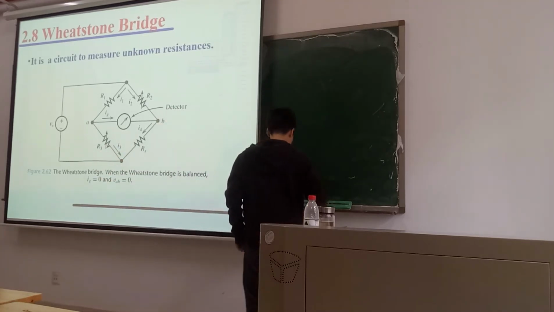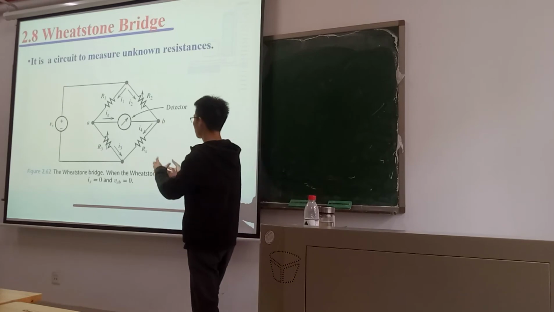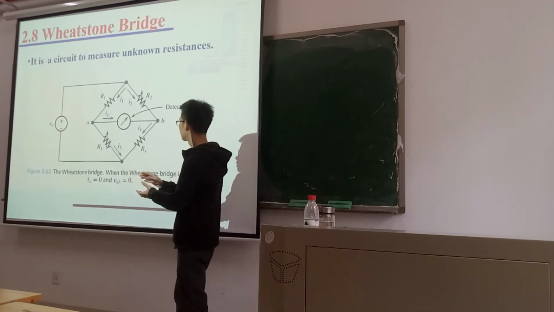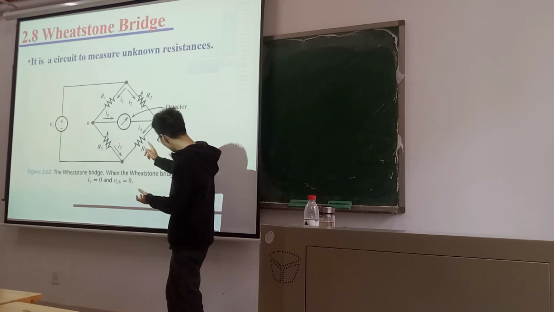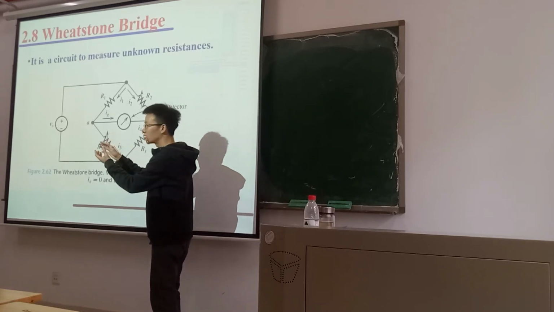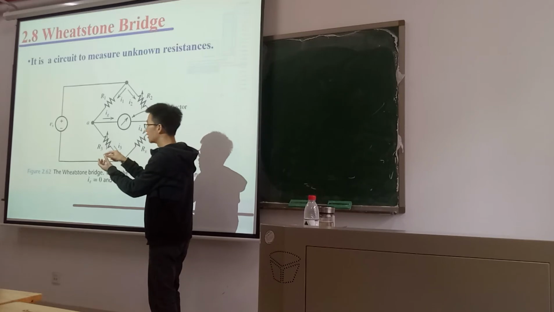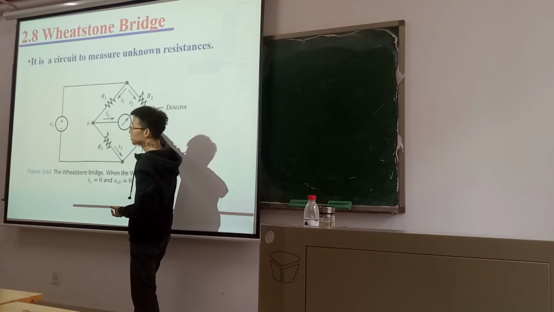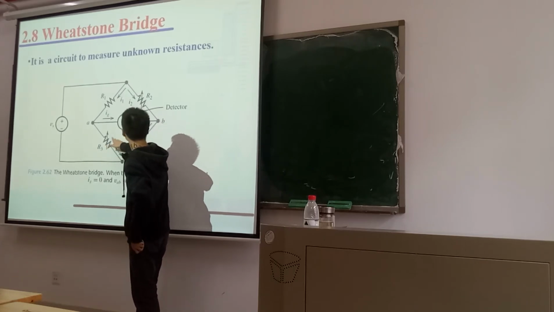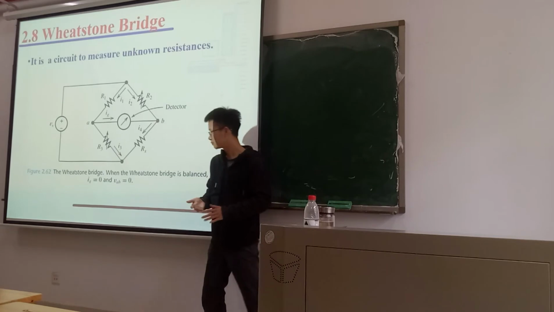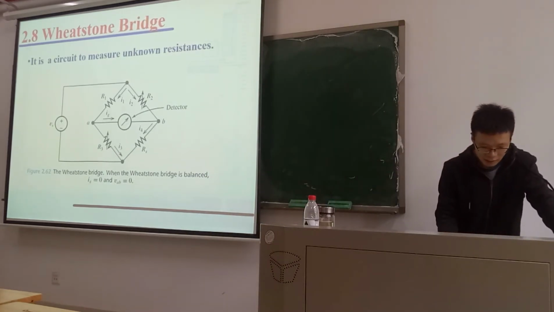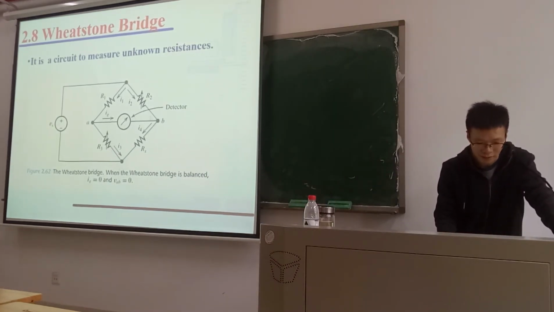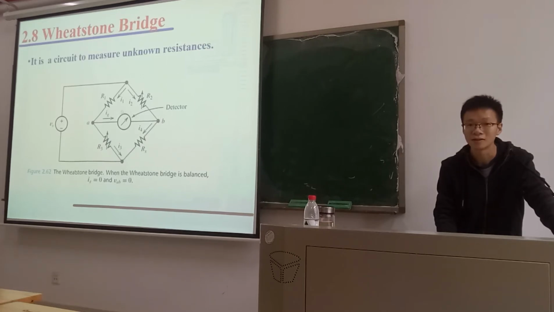In real application, you must use the device to detect the resistance, and you watch the detector until it is 0, because R2 and R3 can be changed. You get the R2 and R3. Now, IG is 0 and VAB is 0, right? When IG is 0, VAB is 0. Understand, right?